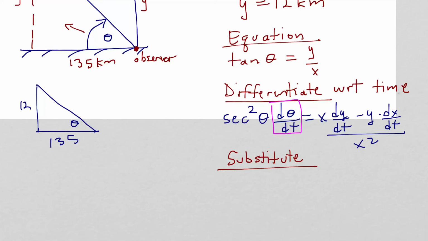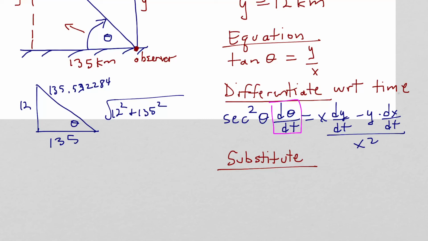So I can use the Pythagorean theorem: 12 squared plus 135 squared, and the square root of that gives me my hypotenuse, which comes out to be 135.53224. You want to carry out a bunch of digits because we have a small angle, with a very small side here compared to the larger side here. So carry out a bunch of digits. We don't want to lose that.